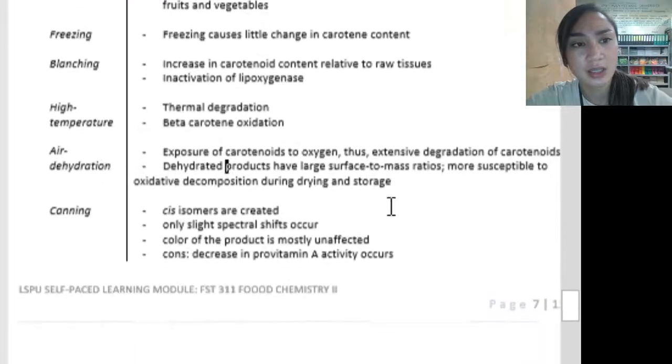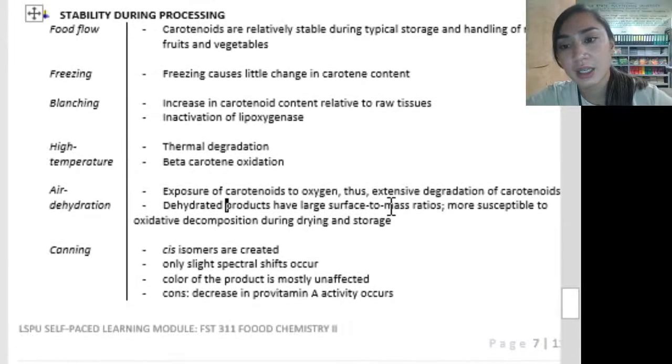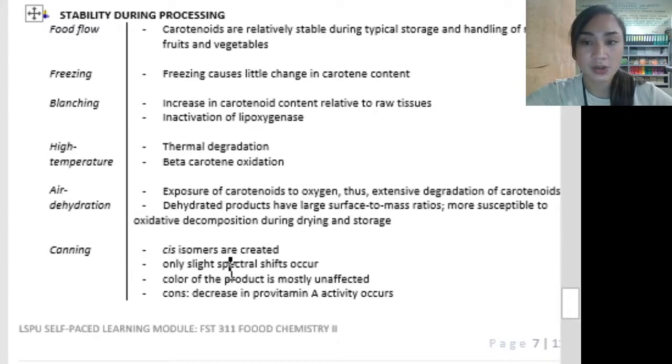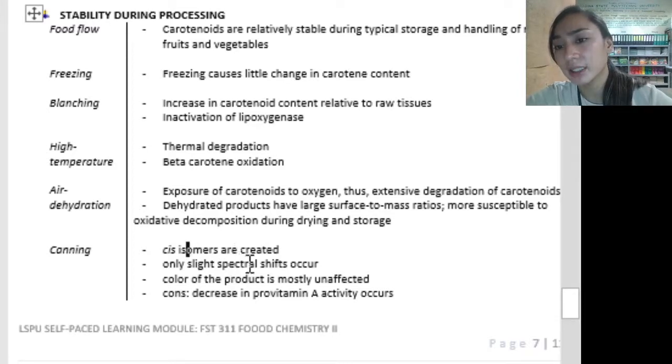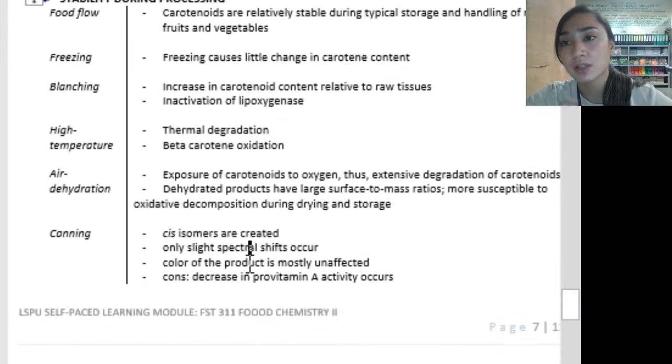And then, last discussion about processing is the canning. So, sa canning kasi, usually, yung ginagamit dyan mga vegetables and fruits which are high in carotenoids. Ang nangyayari, there is a creation of a cis isomer. So, again, pag cis nga, diba, tignan nyo yung anong itsura ng cis from a trans.